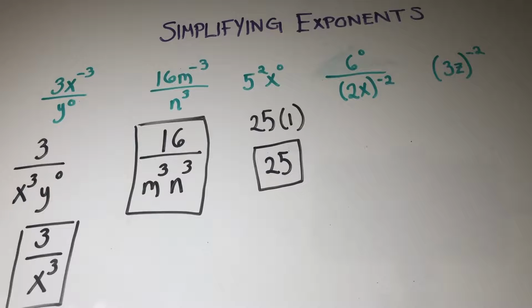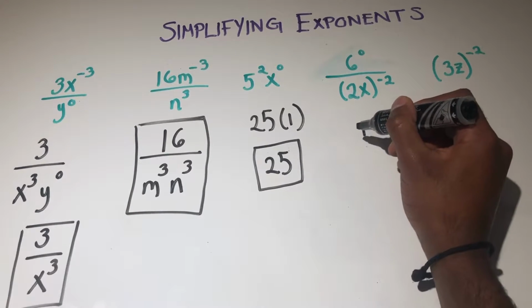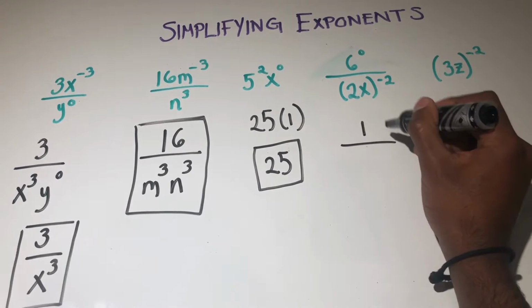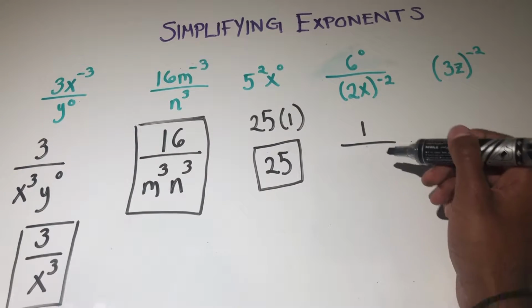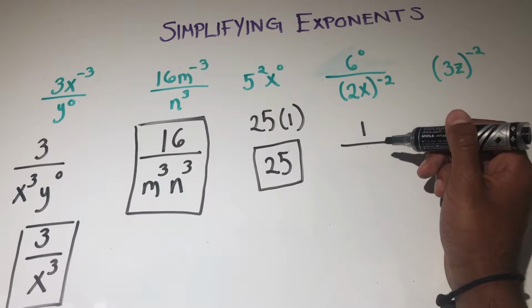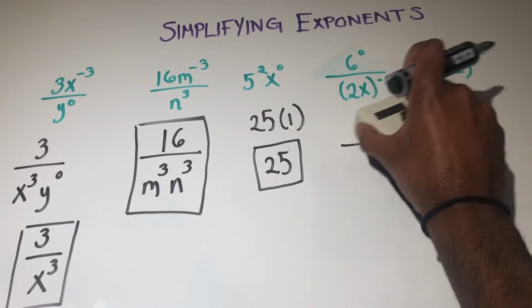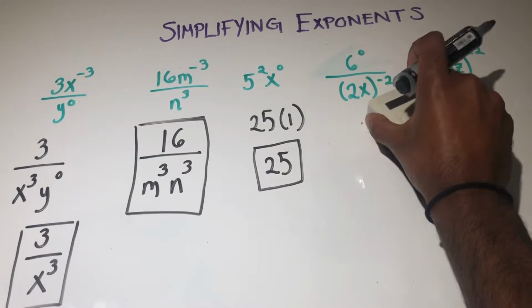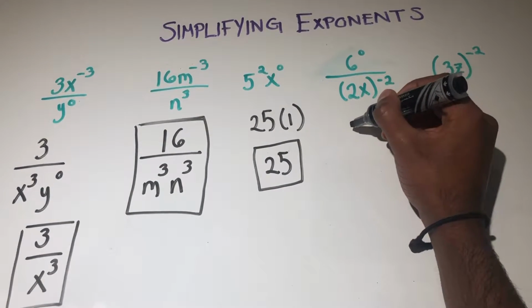Now we have 6 to the power of 0 over 2x to the power of negative 2. 6 to the power of 0 is just 1. And we have 2x to the power of negative 2. You can just distribute that right now, or you can simply move it up to the numerator.